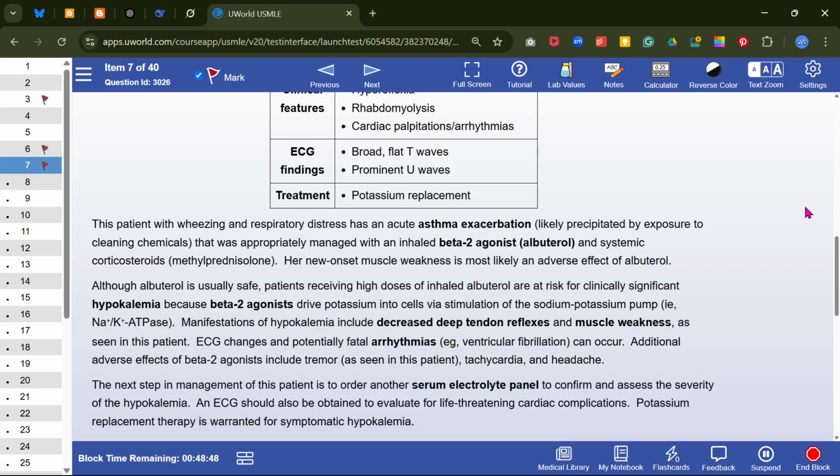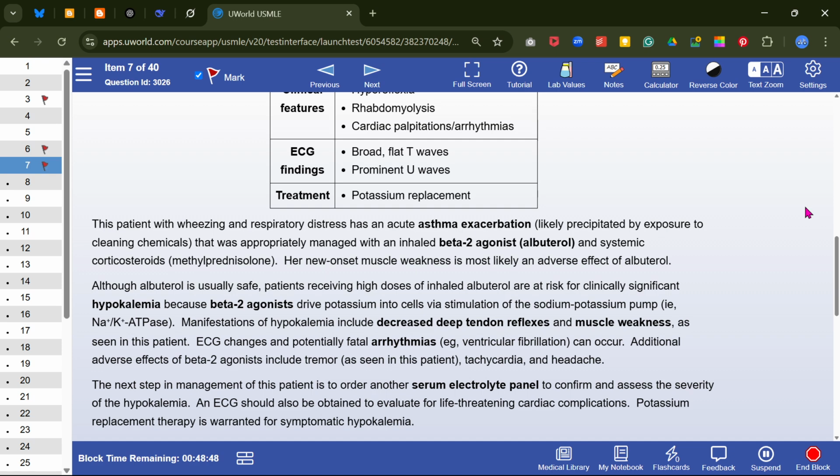the adverse effect of the albuterol. Albuterol is usually safe. However, patients receiving high dose inhaled albuterol are at risk for clinically significant hypokalemia because beta-2 agonists drive potassium into the cell via stimulation of the sodium potassium ATPase pump.